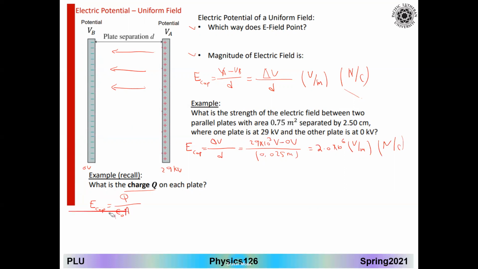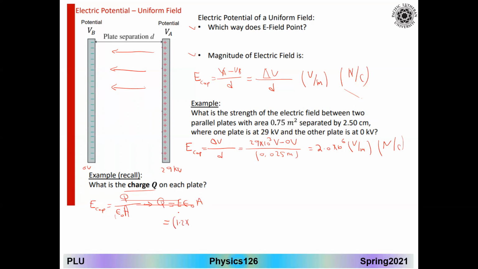So I need to find the charge. I have the cross-section area, and the permittivity is just a constant. So I can find my Q, it's basically E times epsilon zero times A. I have all the information that we need.